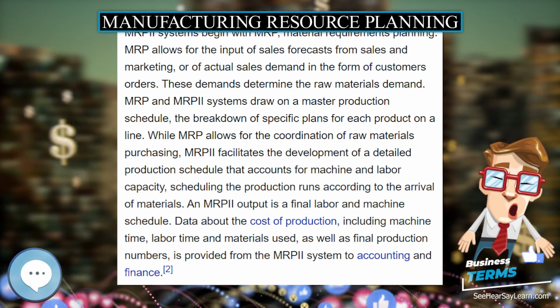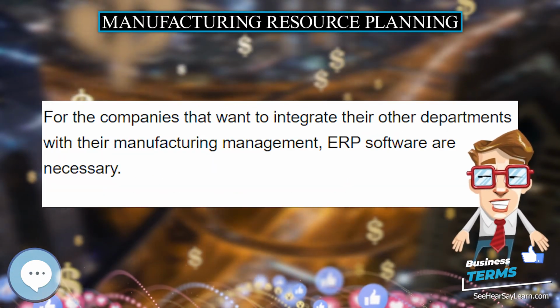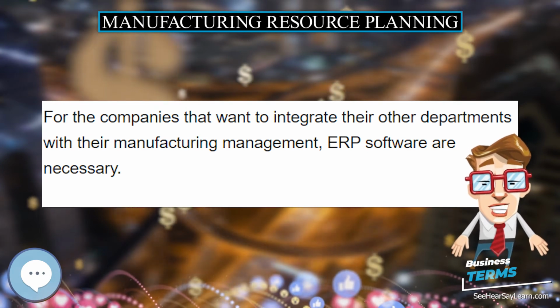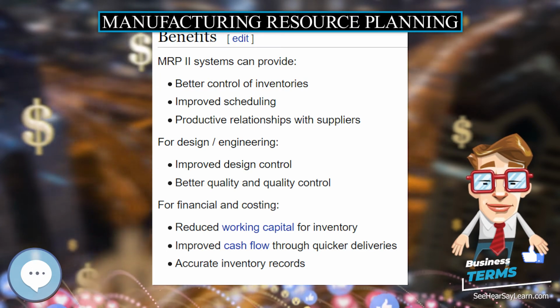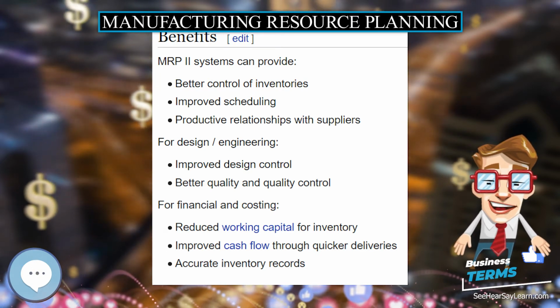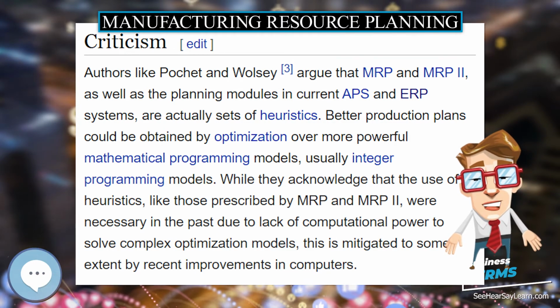While MRP allows for the coordination of raw materials purchasing, MRP II facilitates the development of a detailed production schedule that accounts for machine and labor capacity, scheduling the production runs according to the arrival of materials. MRP II output is a final labor and machine schedule.